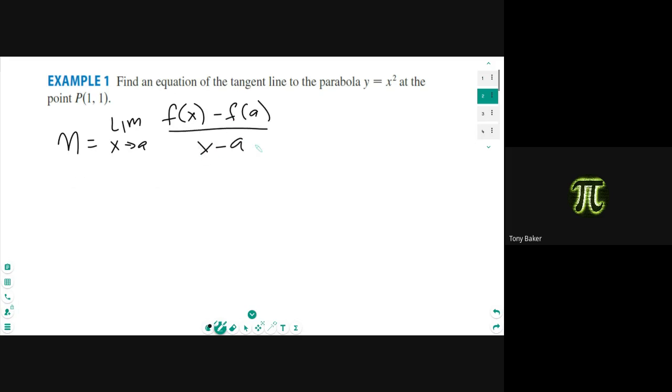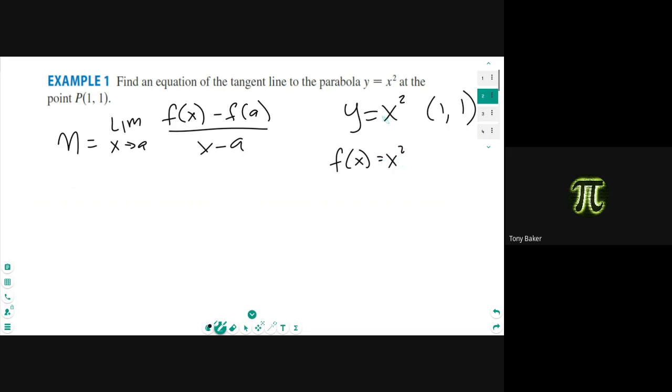All right, so that's the function. So we're looking for the equation of a tangent line of y equals x squared at 1, 1. So what's f of x? It's x squared.